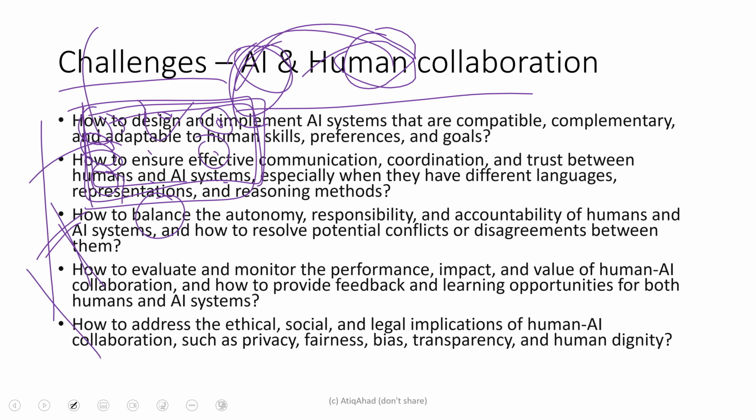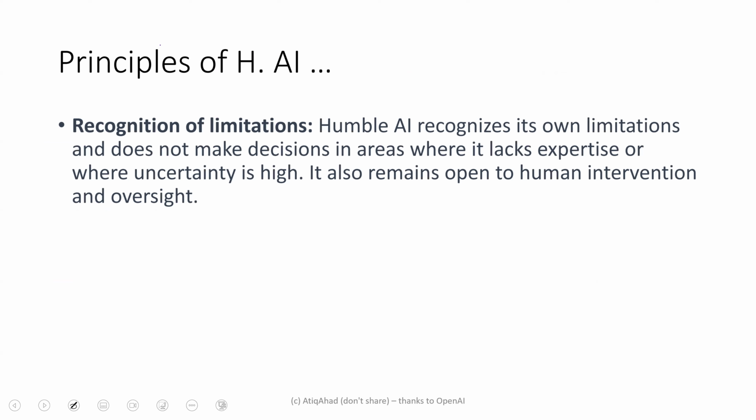Anyway, okay. So, how to address the ethical, social, and legal implications of human-AI collaboration, such as privacy, fairness, bias, transparency, and human dignity? In these slides you can find hundreds of different challenging aspects and research areas where thinkers really need to find solutions, not only the engineers. Now, recognition of limitations.